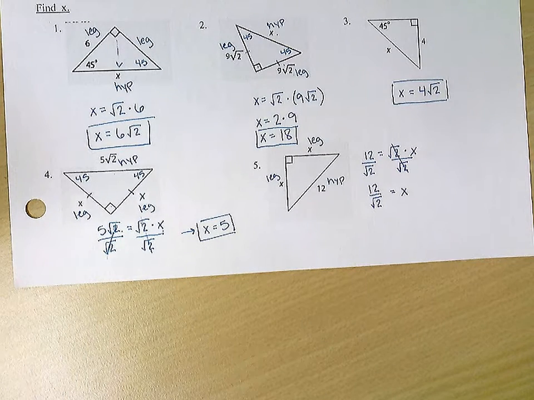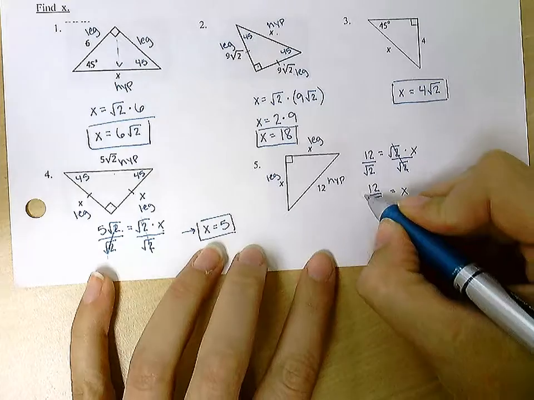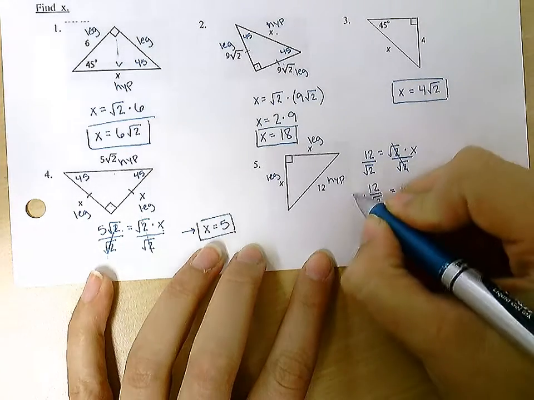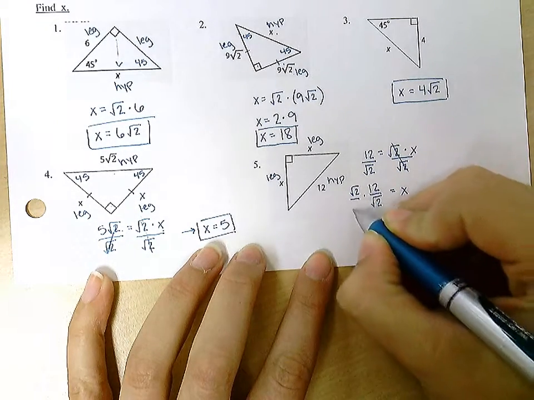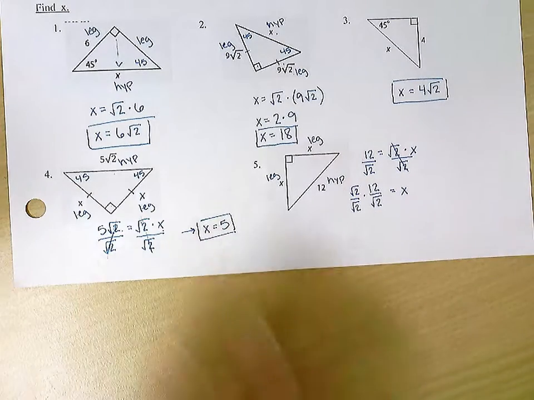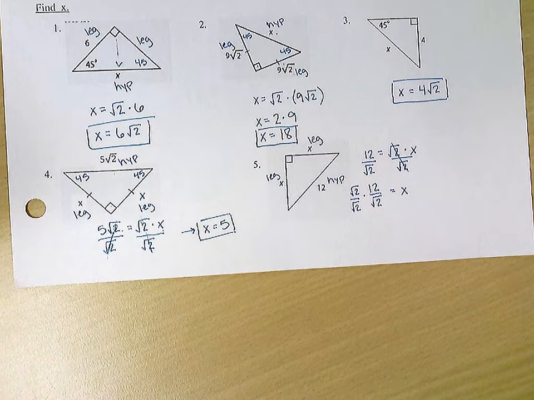Now remember, when we were simplifying our radicals, this was part of your assignment that was due today. What do I have to do to rationalize the denominator? You want to multiply by a version of 1 that is the denominator.